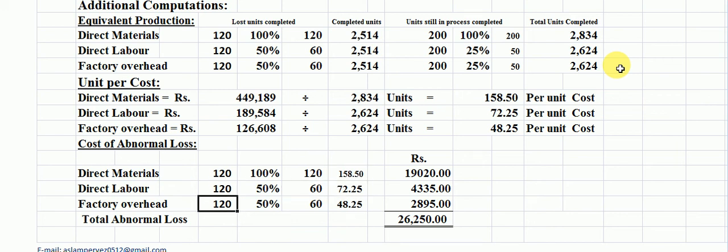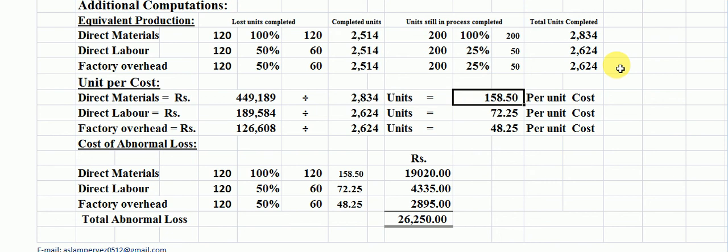Then we have to find other labor and factory overhead in the same manner. The total abnormal loss is 6,450 rupees against the 120 units lost in process here.